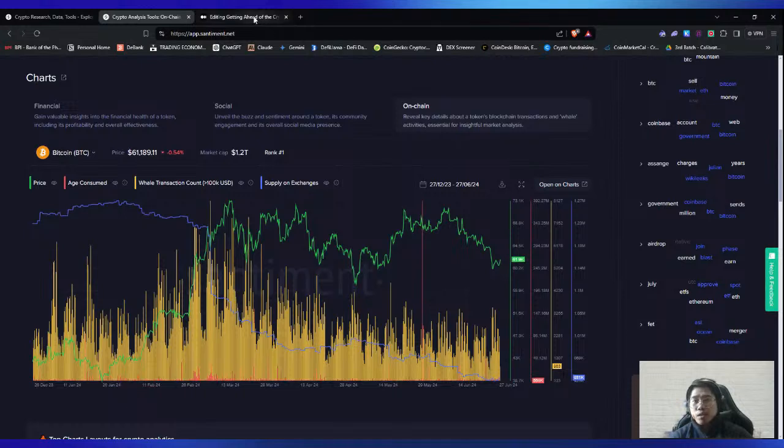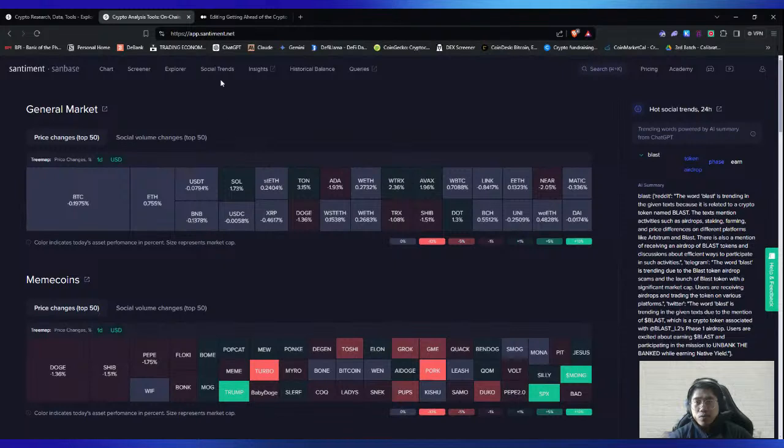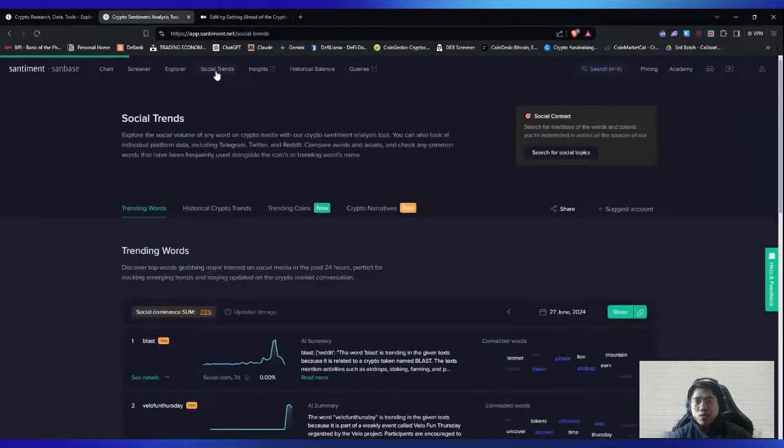We will talk more about these parameters as we do our own analysis using the different parameters in Sentiment. Now, another feature of Sentiment that is not found in some of the existing on-chain analytics is social trends. So, clicking here, the social trends tab. This feature, I think, is often overlooked, with the crypto market being largely influenced by its community.